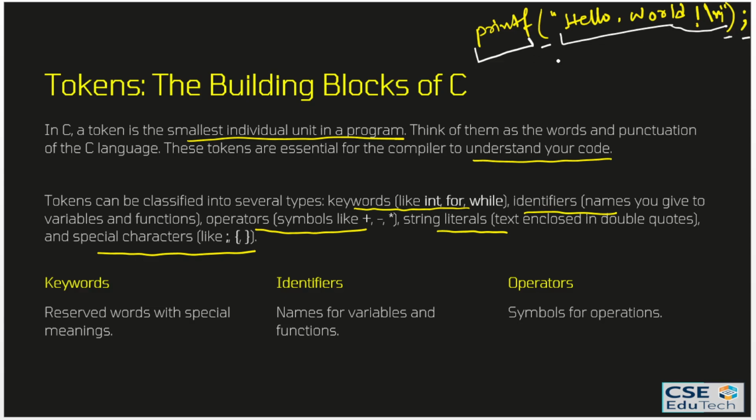So there are 5 tokens: printf, the first bracket, the string literal, the right parenthesis, and the semicolon.